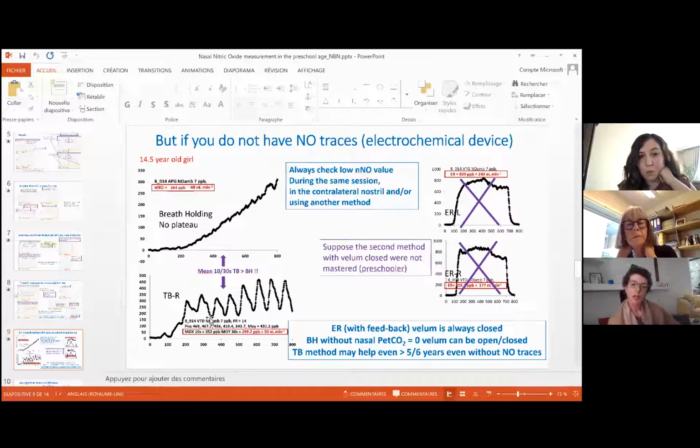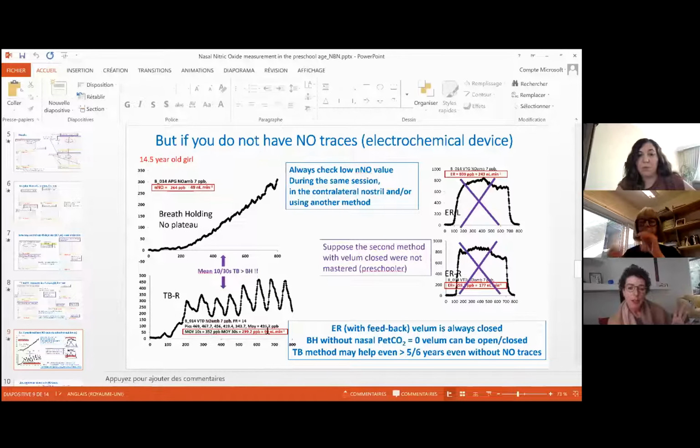You could perform tidal breathing in this child and see the result of the tidal breathing. As you have an electrochemical device, you don't have the mean of the 5 peaks, which is a 431 ppb result, but you have the line under, you have a mean of a period, either 10 seconds or 30 seconds, depending on your machine, but it's quite close. It's around 300 ppb.